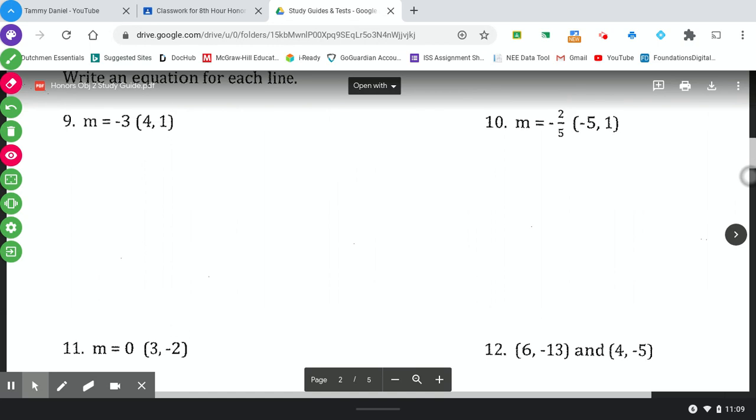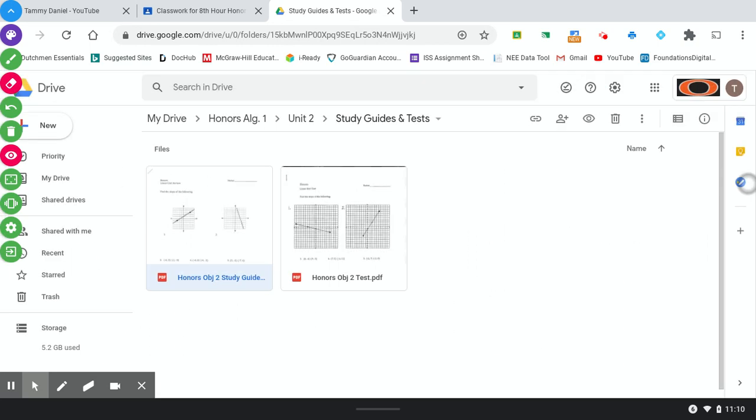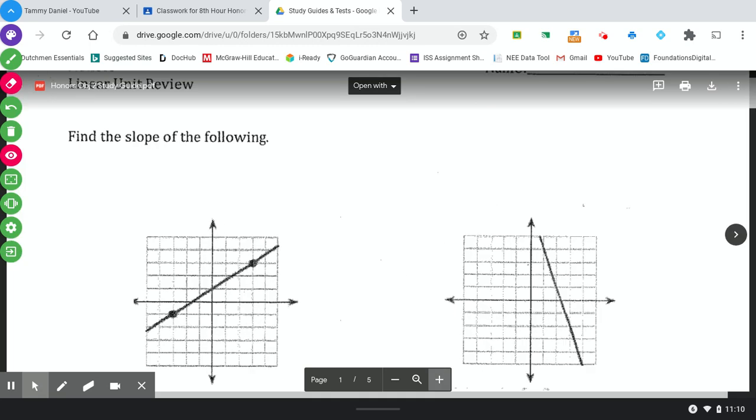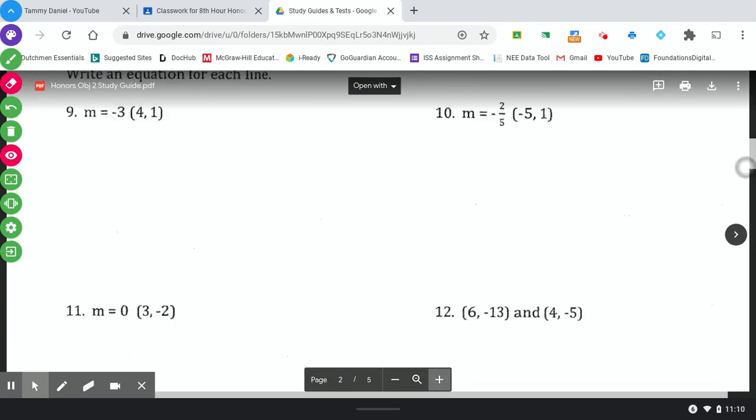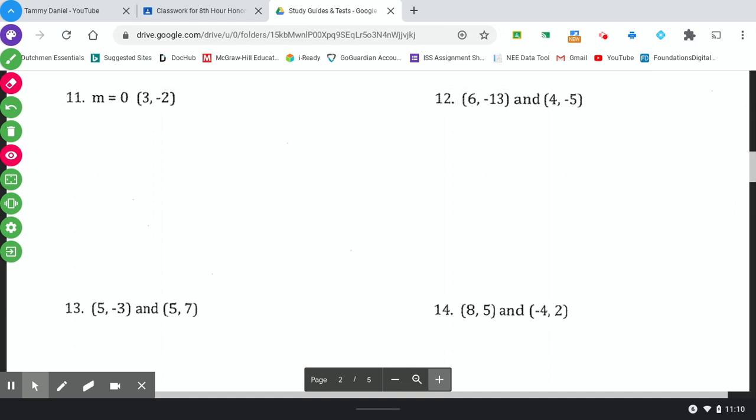So we scroll on down here to the next set. This one's a little different. What we're trying to do on this one is, they did give us a slope of 0. So when I plug these numbers in, -2 equals 0 times 3 plus B, that's just going to be 0, right?